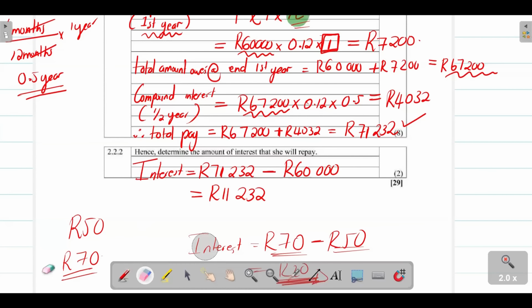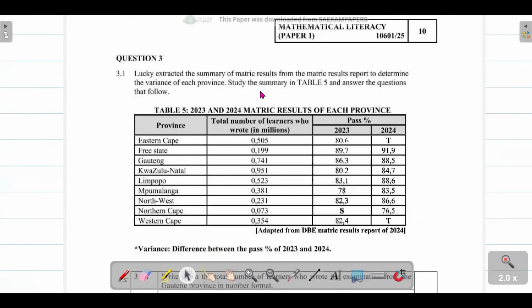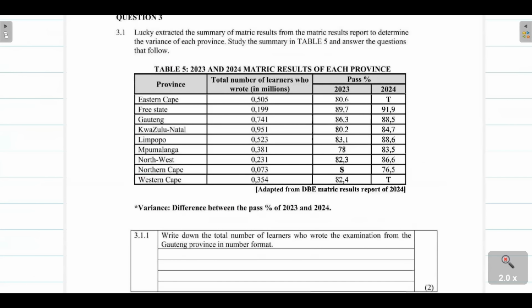That is basically how you get your interest. I think that's it when it comes to this. Please make sure that you are practicing these questions. We can't afford to lose these marks.